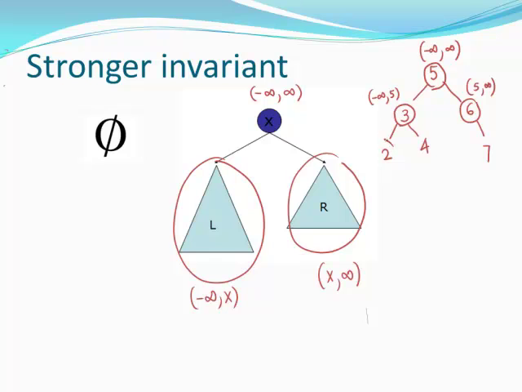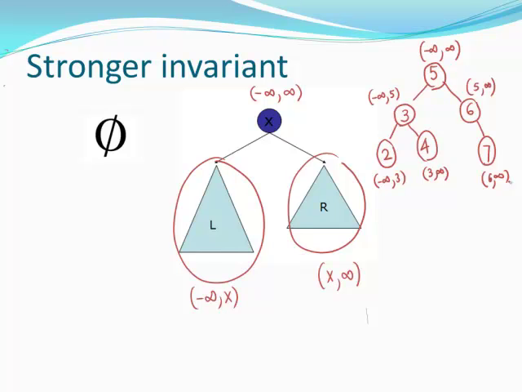Similarly, if you take this element here, that should be between -infinity and its parent 3. And this element should be between 3 and positive infinity. And this element should be between 6, its parent, and infinity. So for each node, we can define a range of values where the node should be.